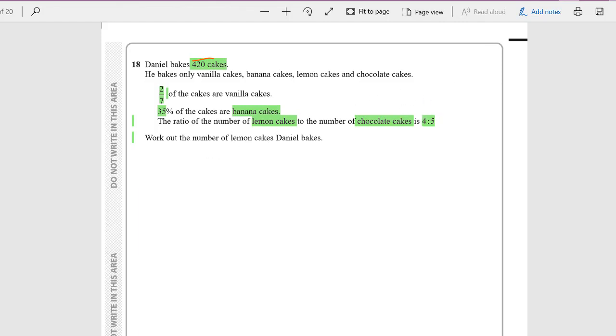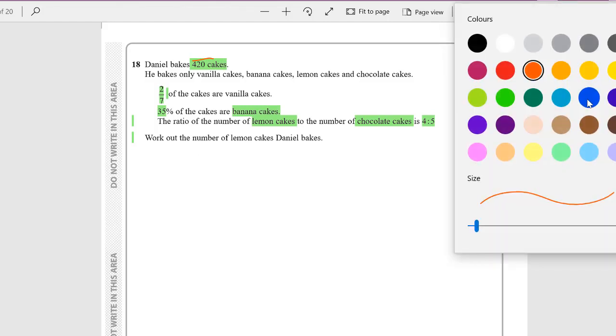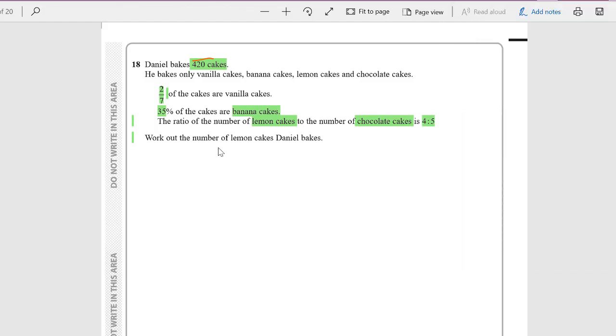Work out the number of lemon cakes. Alright, so 2 over 7 of them are vanilla cakes. We know there's 420 in total. So 2 times 420 divided by 7 gives 120. So that's vanilla cakes.